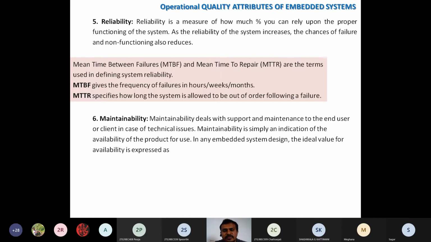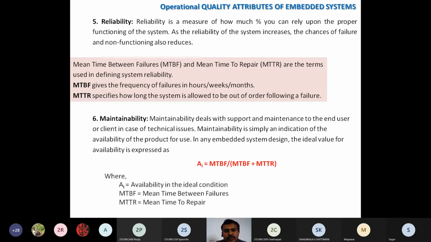In any embedded system design, the ideal value for this availability is based on reliability, that is the ratio of the mean time between failure divided by the sum of both failure and repair. So how many times it has failed divided by how many times it has failed plus how many times it is repaired. That ratio is known as maintainability.